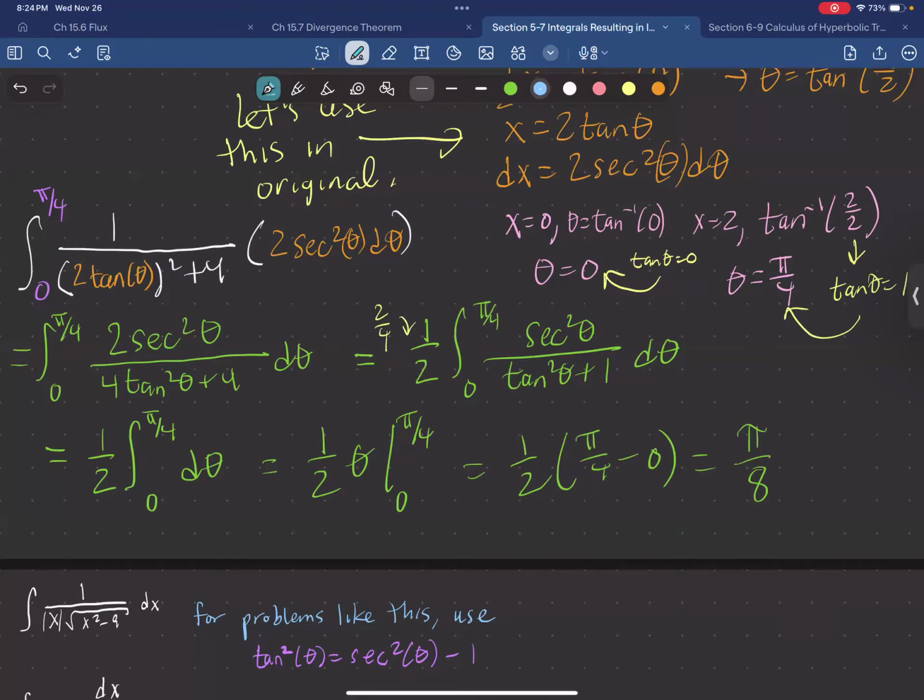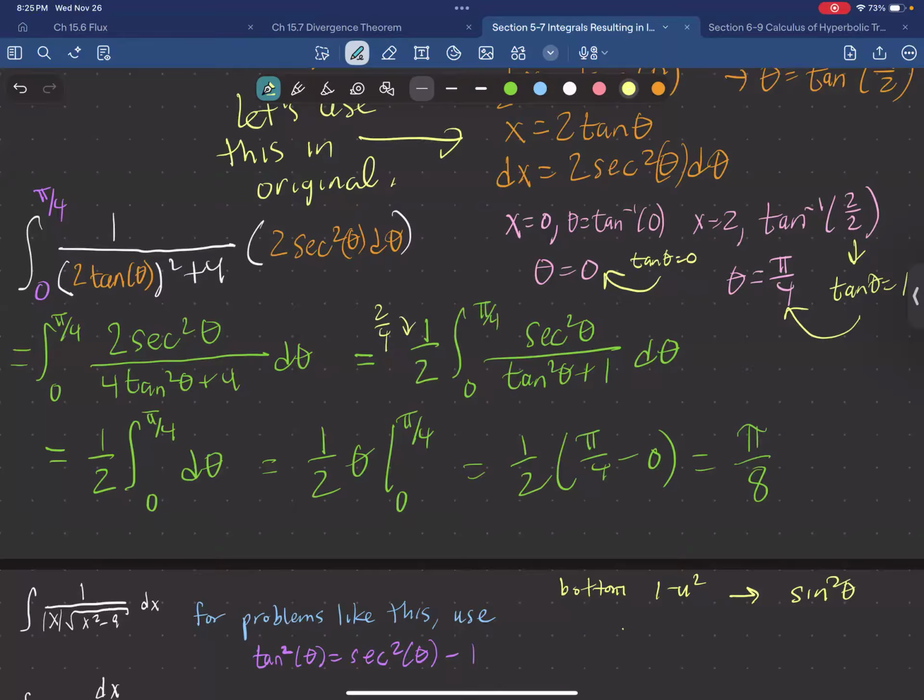So let's summarize that a little bit right here. If you have on bottom 1 minus x squared or something like that, something you can make look like that, factoring stuff out, or 1 minus u squared after you factored some stuff out, this is where we're going to use sine theta. We're going to go with the sine squared theta version.